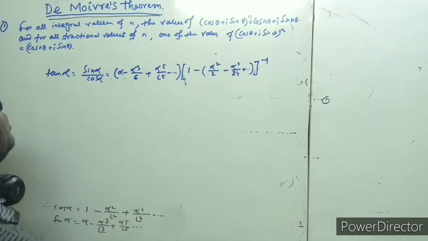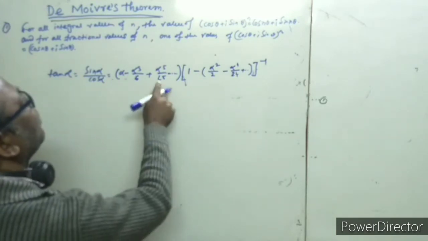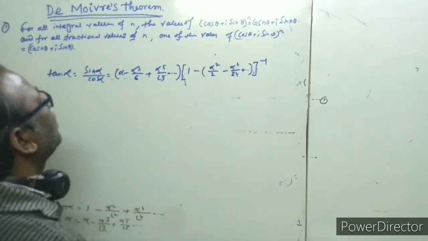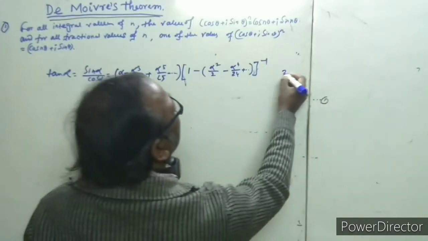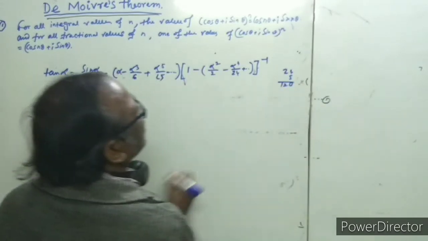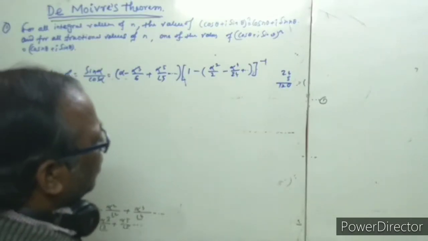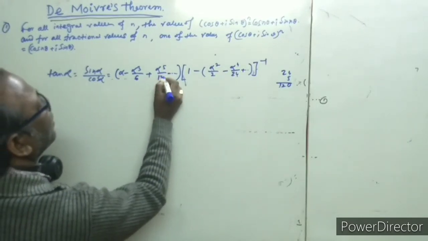here 5. This is factorial 5. So factorial 5 into 24. 24 into 5, 120. And that is written by 120 here.